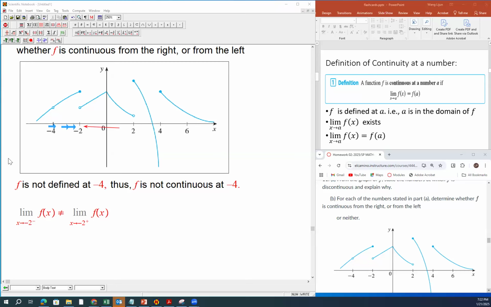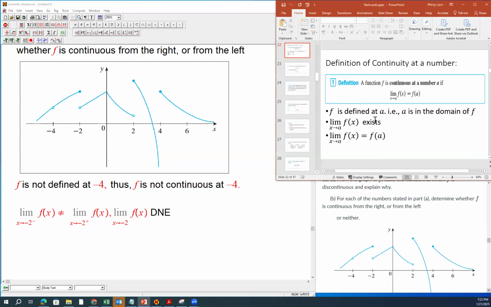If these two are not the same, that means the limit of the function at -2 does not exist. Without the left and right sign, this one does not exist. So the second condition is not satisfied.